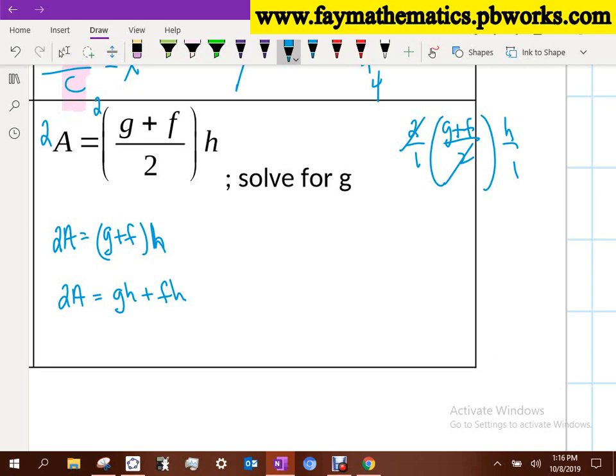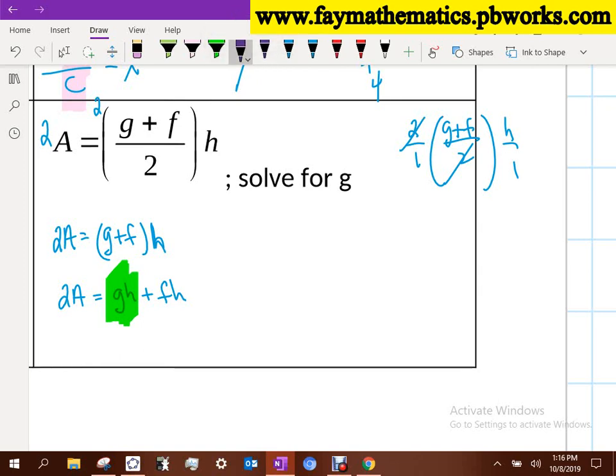And remember, I want to try to get the G by itself, correct? So what could I do here now? Divide. All right, careful. If I'm trying to get the G by itself, I need to get that term right there by itself.